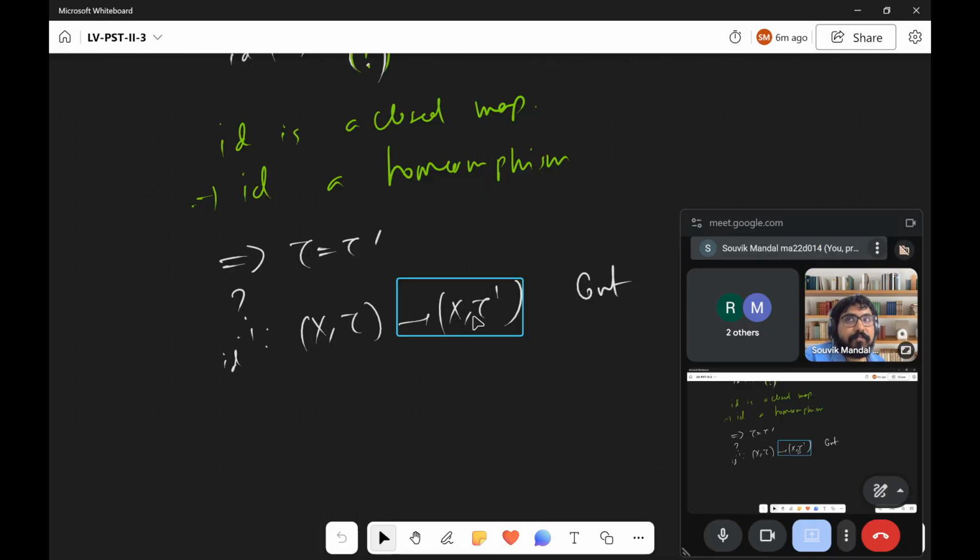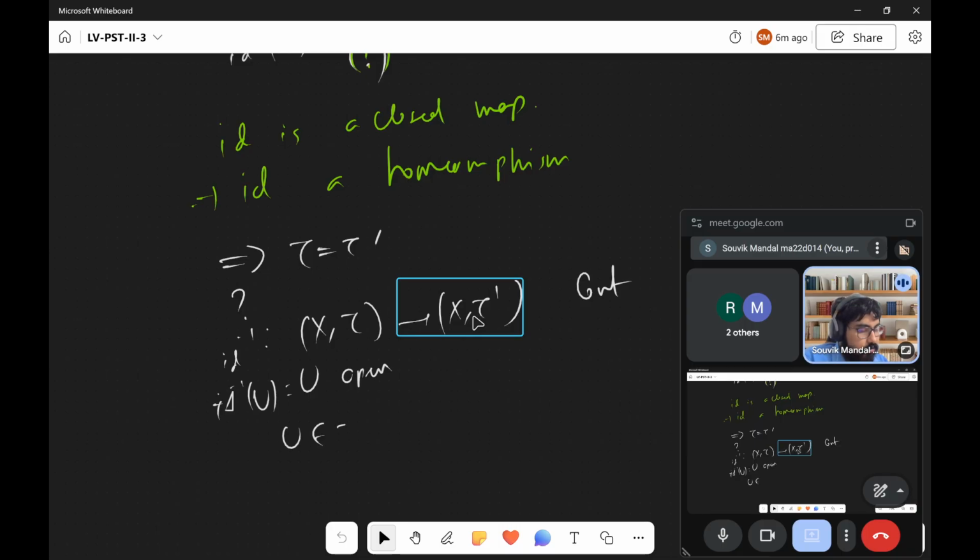So sir, we take the image of U, an open set which is in tau. U belongs to tau, and identity inverse is a continuous map, so U is sent to U. That means identity inverse of U has to be U and must be open.